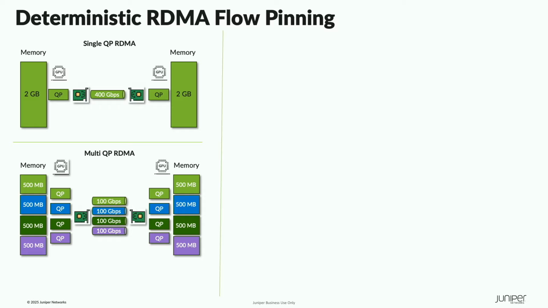So can we do 4 queue pairs? In this case, the NIC that's anchoring the RDMA says, okay, you have to write that same 2 gigabytes, I'm going to break it into 500 megabyte regions, 4 regions on both ends, use 4 queue pairs, and transmit 4 flows of 100 gig, right?